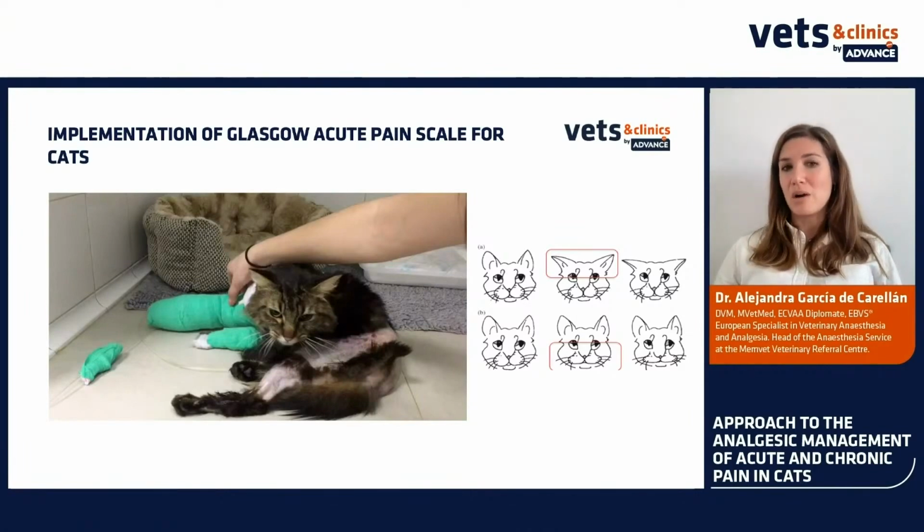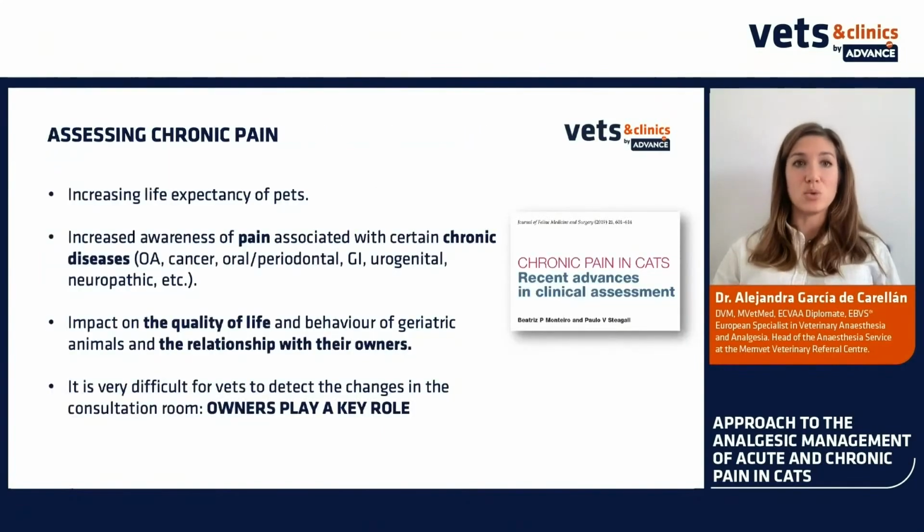He also growls at us when we are closer to this place. He is a really nice cat, not a feisty, aggressive cat, but he's telling us that where you're touching me, I don't like that. So this is an example of using these pain assessment tools in acute pain.